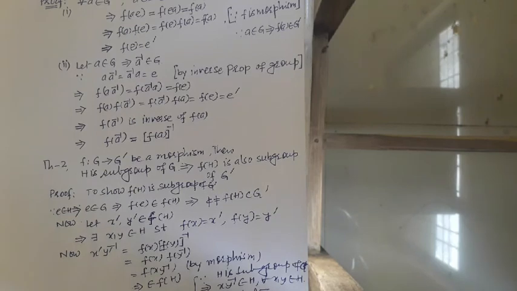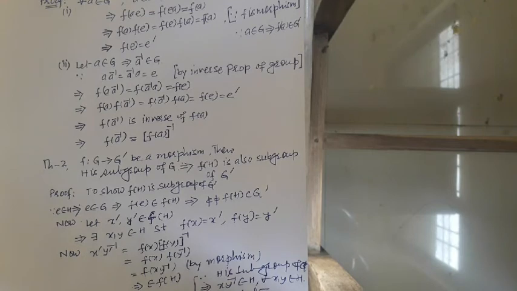The second theorem: f from G to G dash is a morphism. If H is a subgroup of G, then f of H is also a subgroup of G dash. First of all, we have to show that f of H is a non-empty subset of G dash.